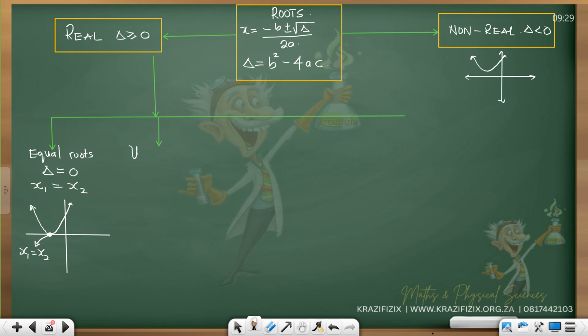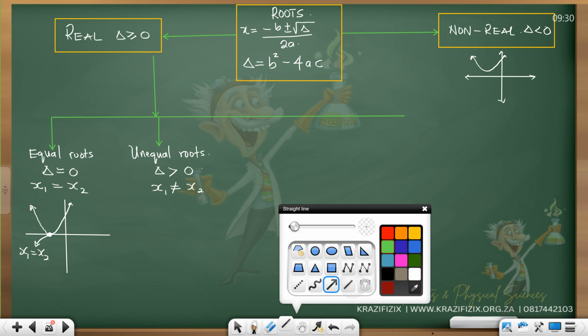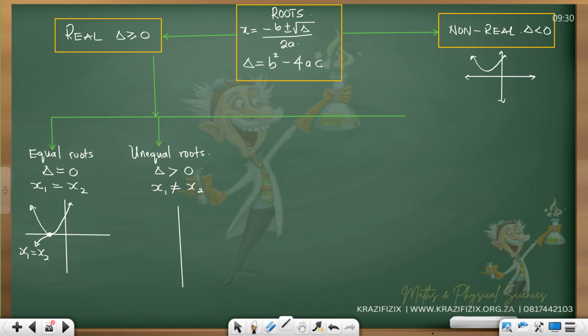Number 2: unequal roots. They all fall under real roots. The discriminant must be greater than 0. x1 is not having the same value as x2. What will my graph look like?